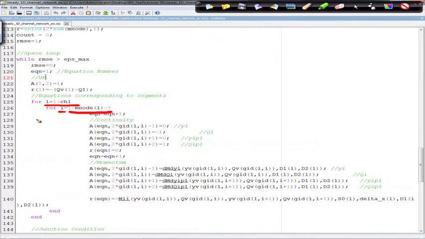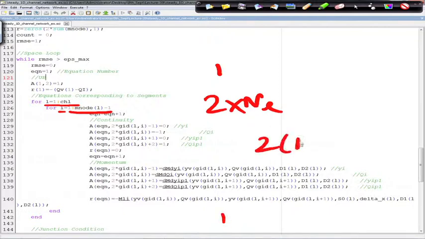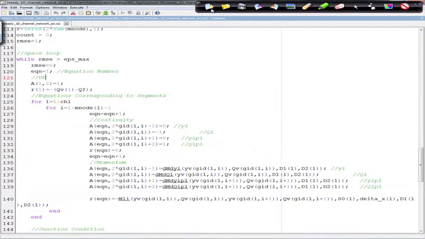M node minus 1 means that I am considering NL number of segments for each channel. So, in this process I am considering 2 into NL number of equations. I have already considered 1 there, so I need one more extra, so that I can complete 2 NL plus 2 number of equations there.